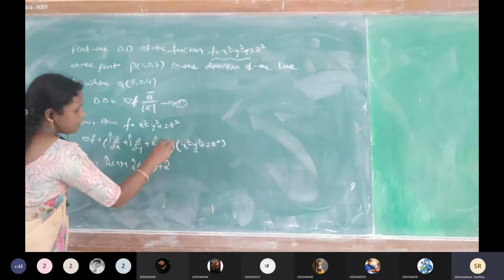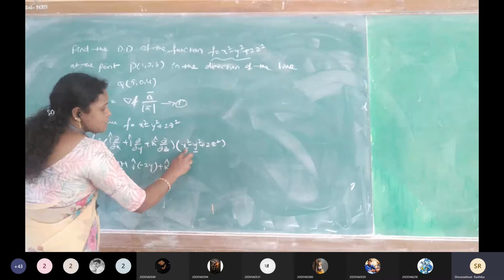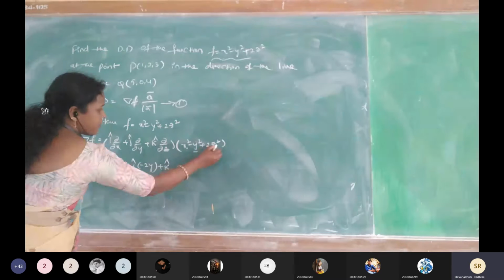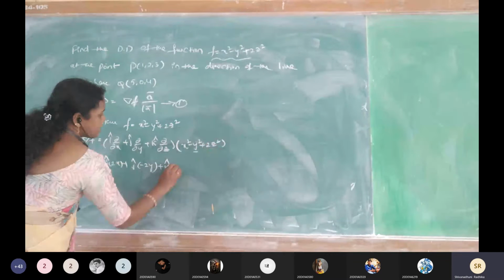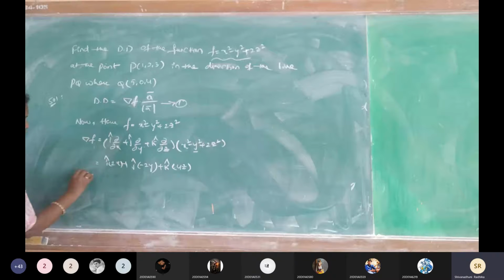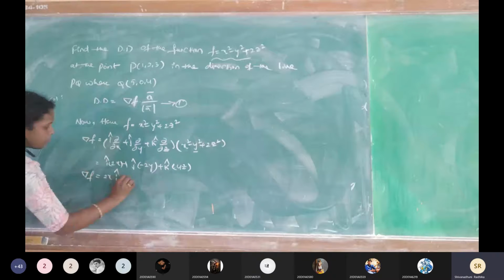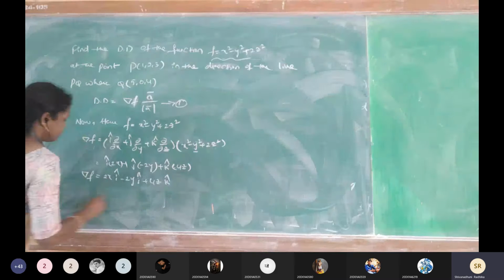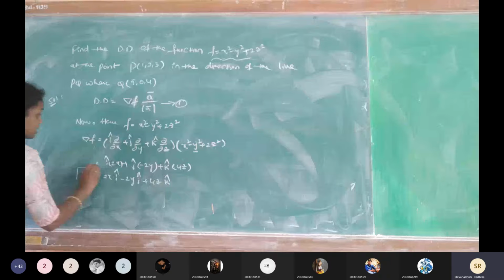Plus k cap dou by dou z; x square minus y square are constants, and 2z square has derivative 4z. Clear? So del f is 2x i cap minus 2y j cap plus 4z k cap.